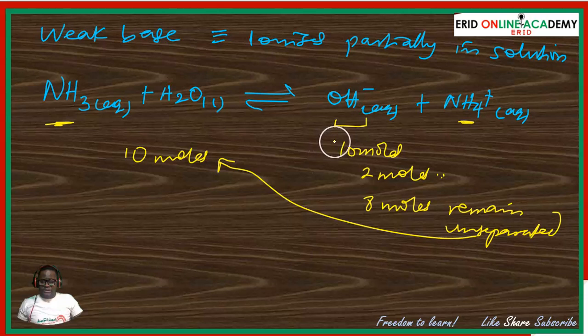If the concentration of hydroxide ion is higher, the pH will be higher. So let's relate the strength of the base to the pH and concentration of base. This is very interesting.